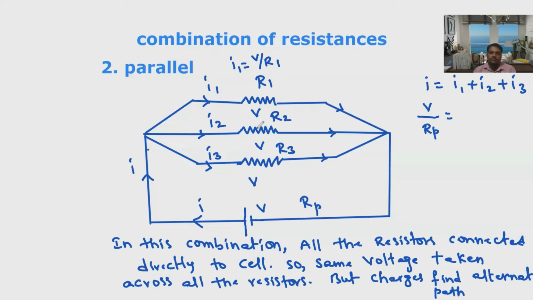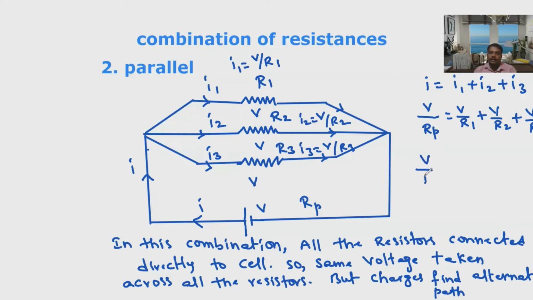Current through R2, I2, is V by R2. Current through R3 is V by R3. So V by R1, V by R2, V by R3.